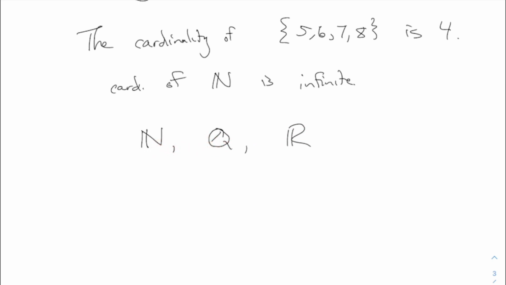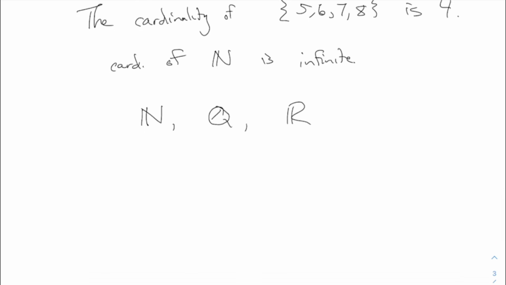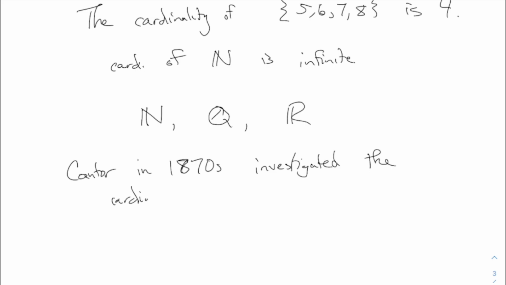All of this is mathematics that was first explored by a guy named Cantor in the 1870s. Cantor, a big name in those days, investigated the cardinalities of various infinite sets.